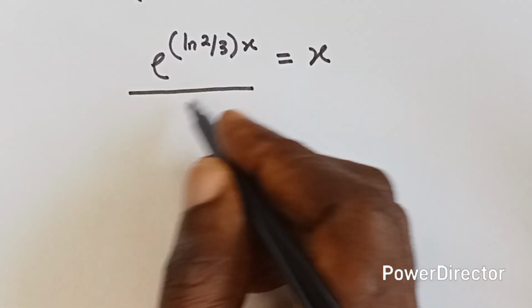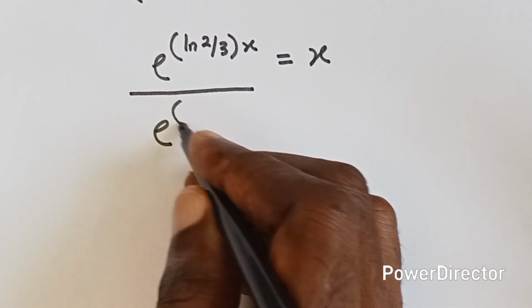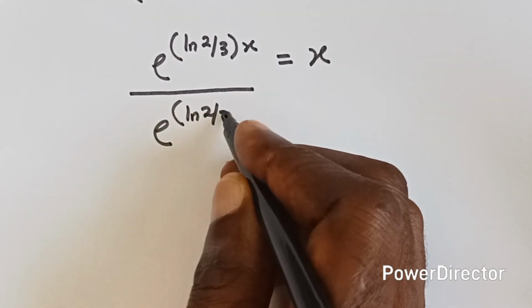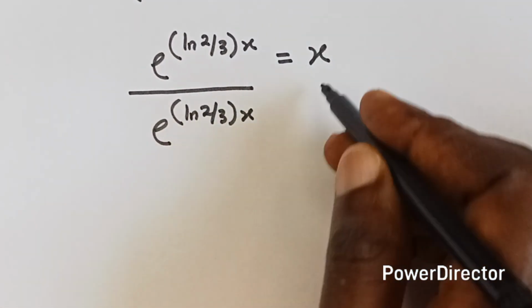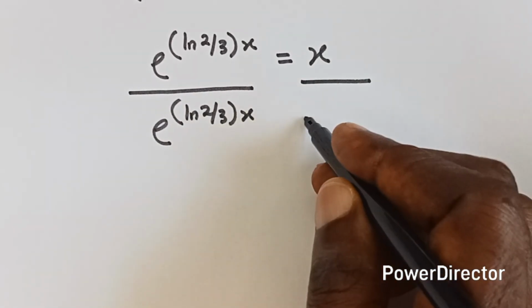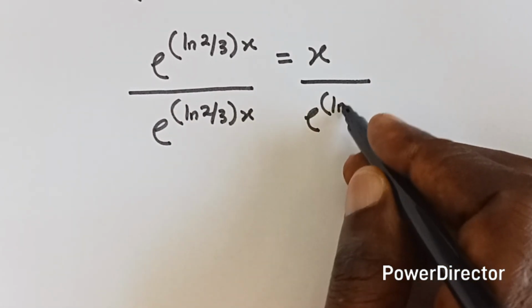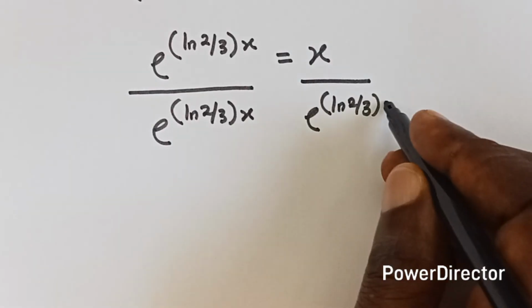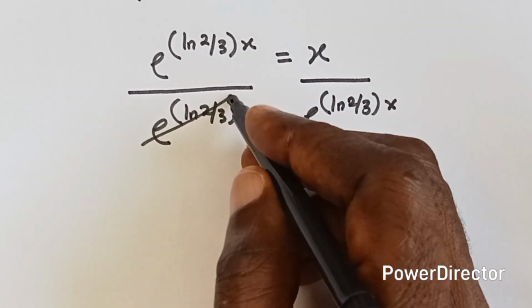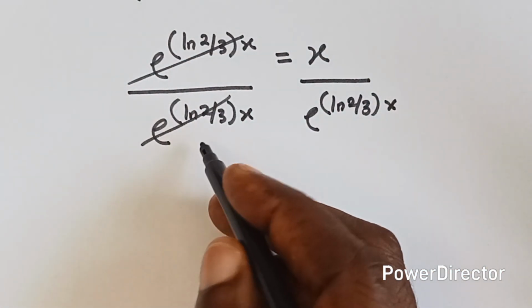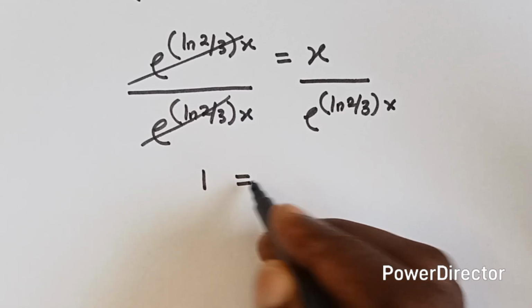So I will divide this side by this, we have exponential ln 2 divided by 3, then x. Also divide this side by this, ln 2 divided by 3x. Then this divided by this, I'm having 1 left, so we have 1 equals to.